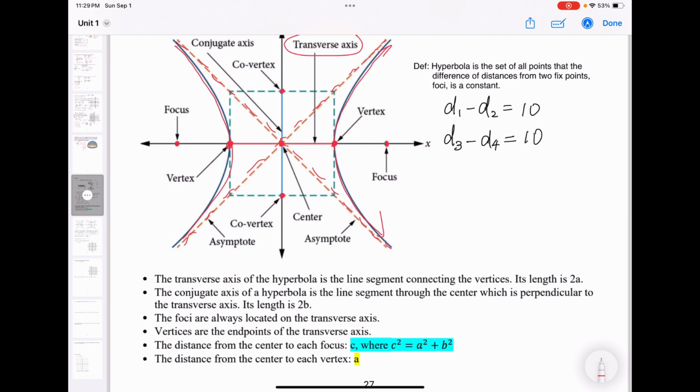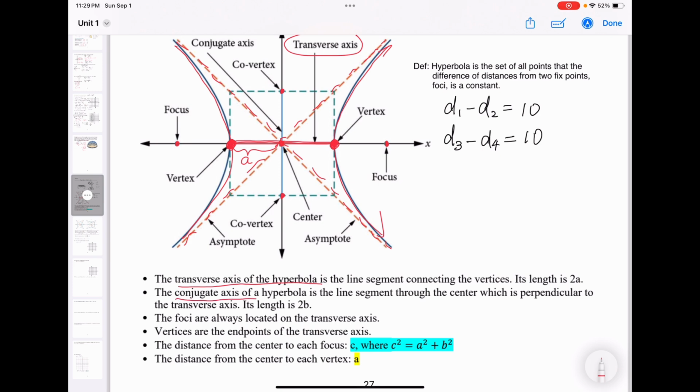The transverse axis of the hyperbola is a line segment connecting the vertices. Its length is 2a. So the distance between the two vertices is 2a, and from the center to a vertex is a.